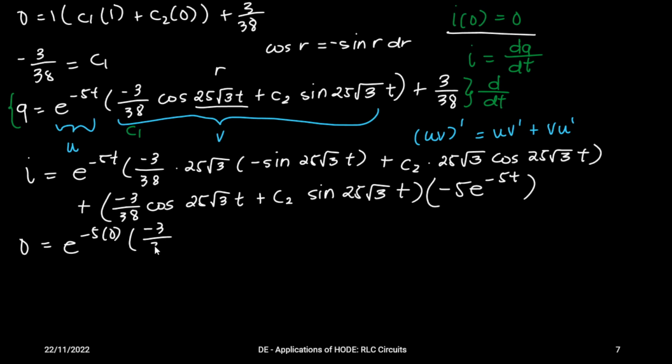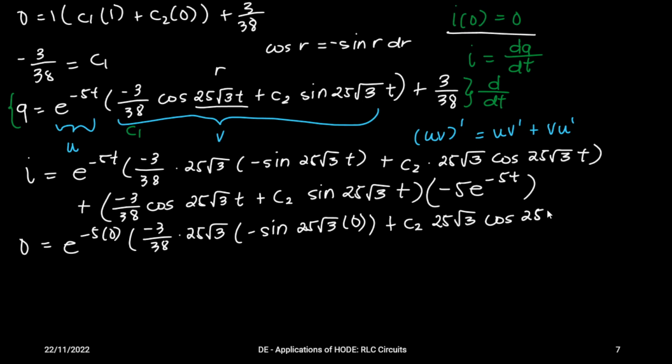Negative 3 over 38 times 25 square root of 3 times negative sine 25 square root of 3 times 0. Ayan, this is our t. Okay, plus C2 25 square root of 3 cosine 25 square root of 3 times 0.